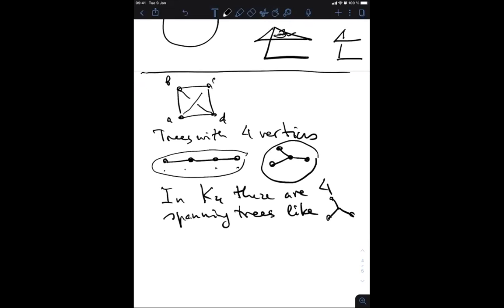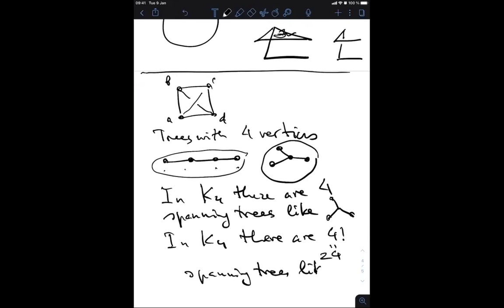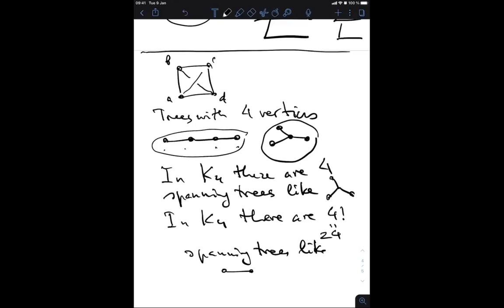So the conclusion is in K4 there are 4 factorial, which is 24, spanning trees like one long path like this, because they're in one-to-one correspondence with putting labels on our vertices: A, B, C, D, A, C, D, B, and so on.